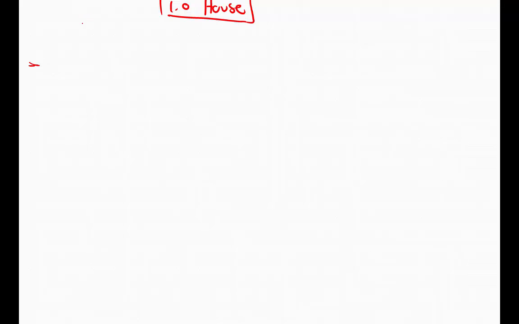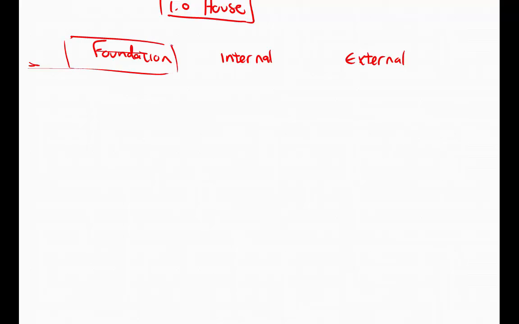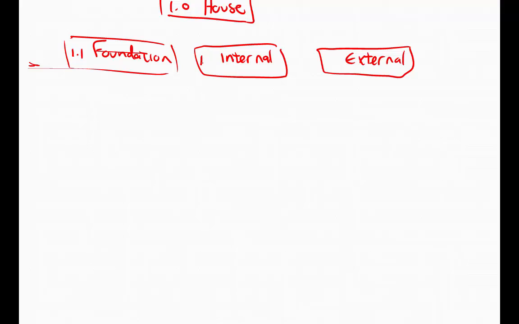So we focus on foundation, and then we focus on the internal work in the house, and then external work required for the house. So let's number it 1.1, 1.2, 1.3.